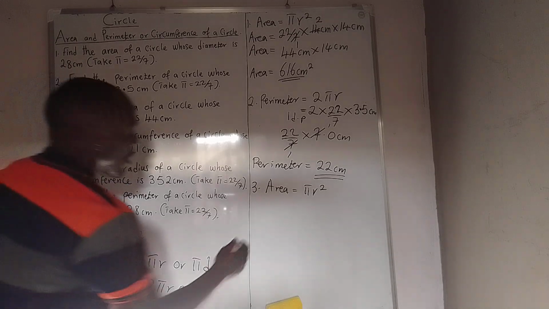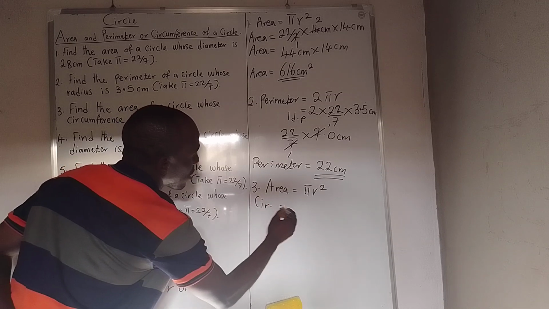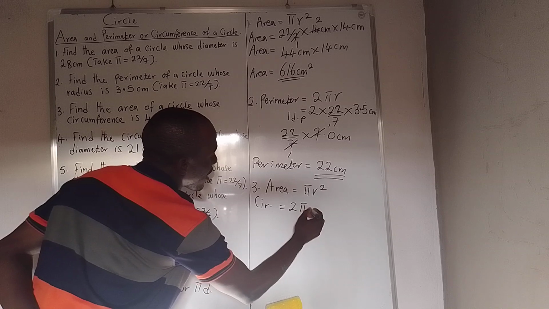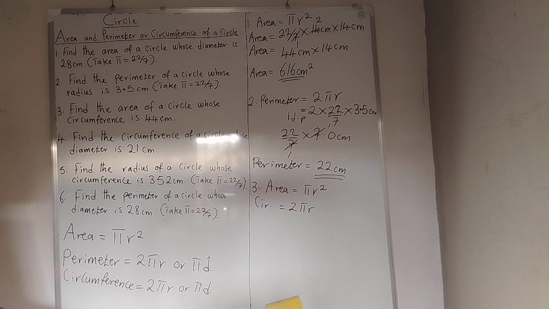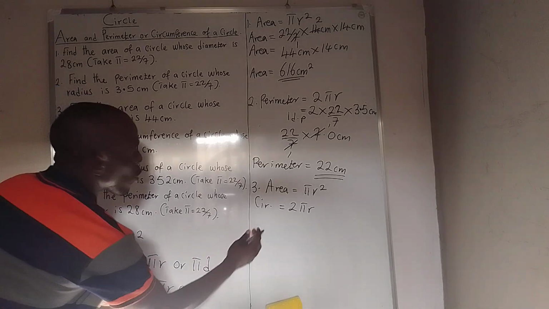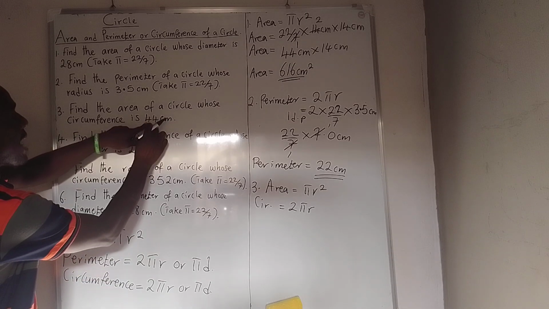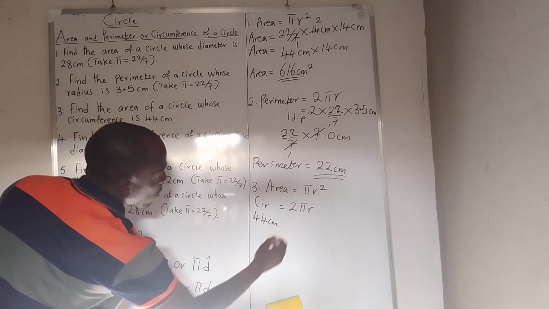So the circumference of a circle is 2 pi r. We need to find our radius, because we are given the circumference as 44, so we write our 44 under the column of circumference.